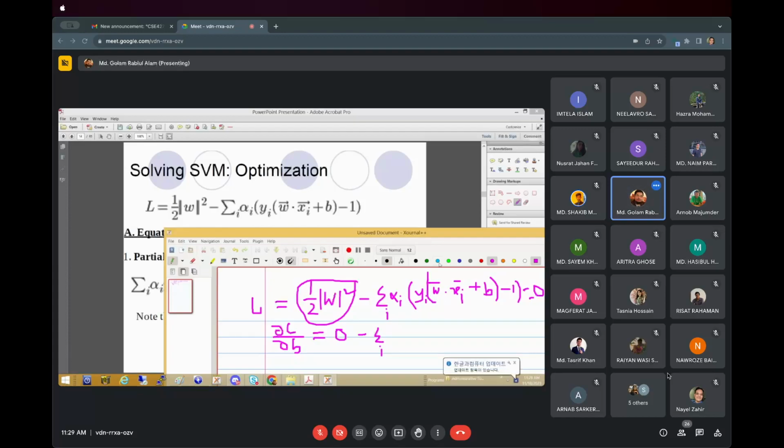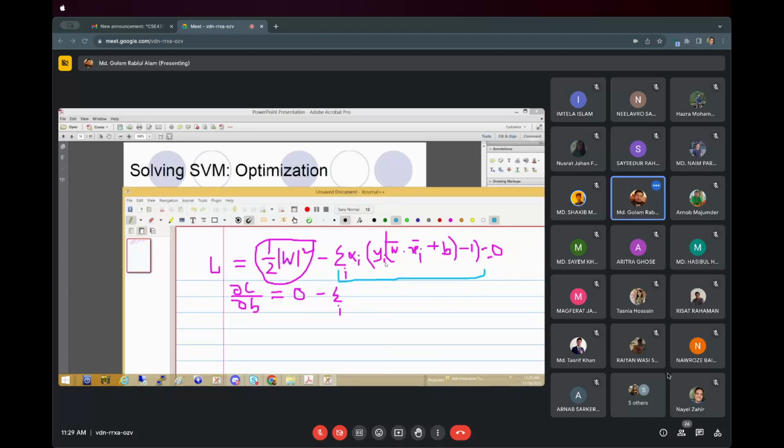From this part we can write, so if you multiply with those things, that is alpha I, and then it is yi, then W the vector, then xi the vector, that is our feature vector, plus y and here is b.